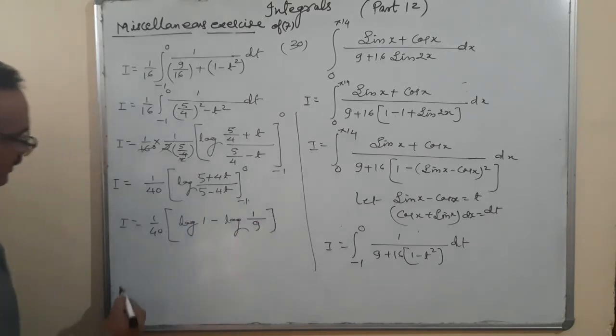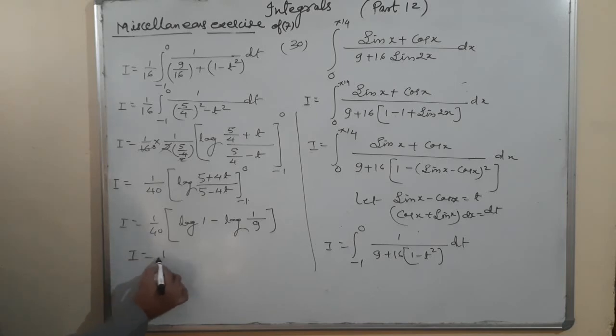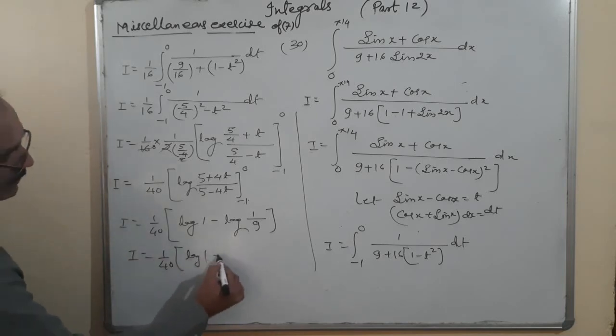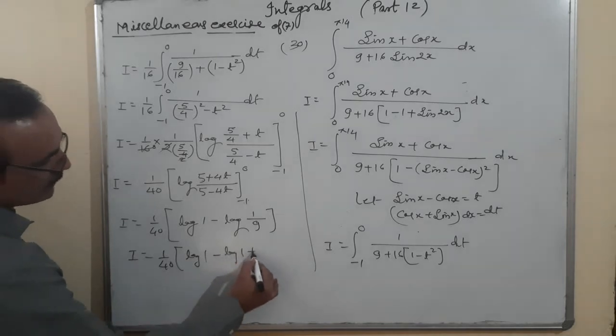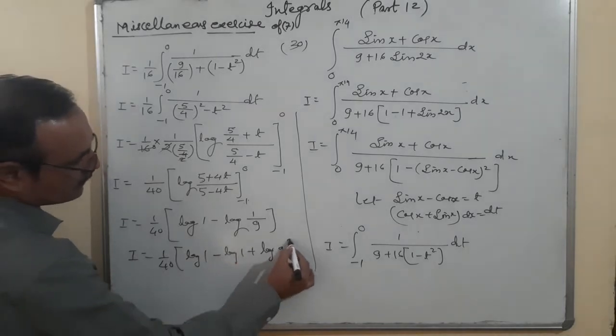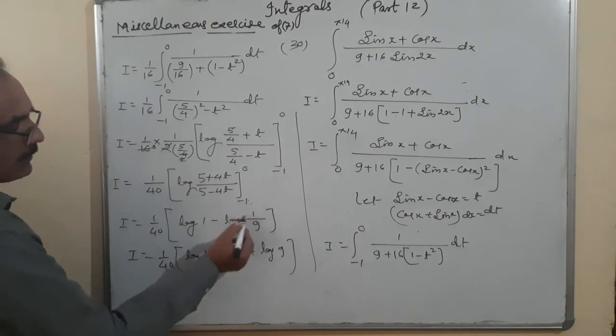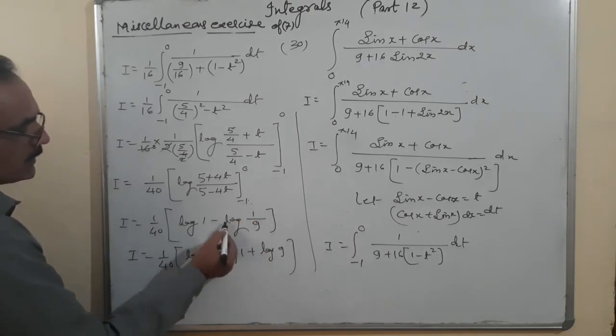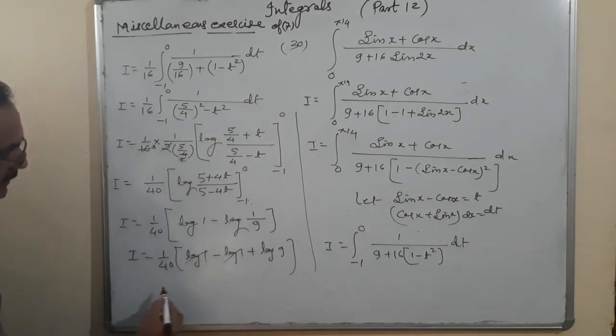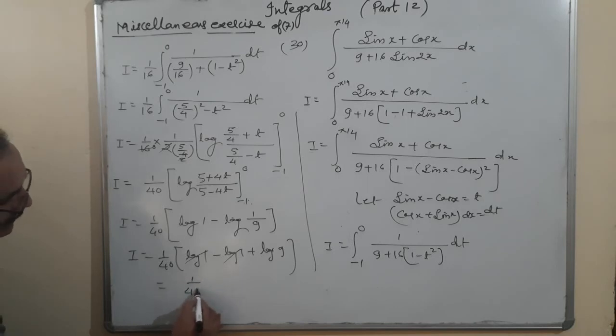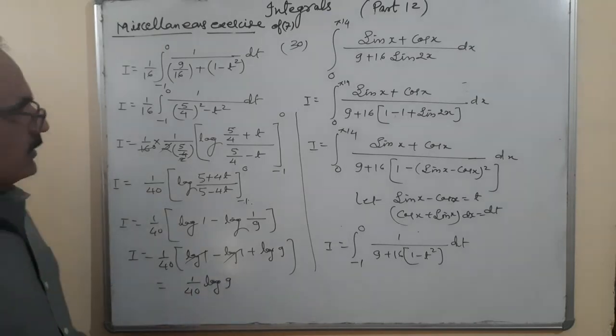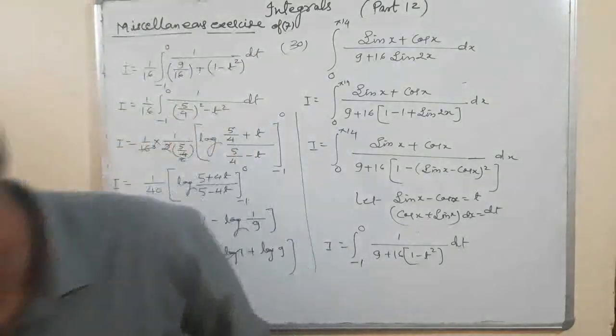Okay, I is equal to 1 upon 40 times (log 1 minus log 1 plus log 9). Log m upon n is log m minus log n, so minus log 1 and it is plus log 9. It is cancelled. 1 upon 40 log 9. Okay, so that is the solution of question number 30.